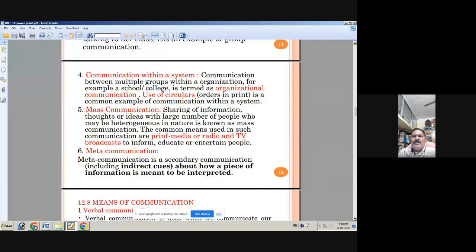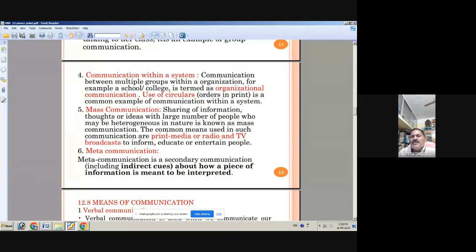What are circulars? They are nothing but orders in printed form. When they are circulated to everybody, the message will go to everybody, because you will find them on the notice board. Whatever circular is put on the notice board, everybody is able to know it and they will act properly as per the schedule.